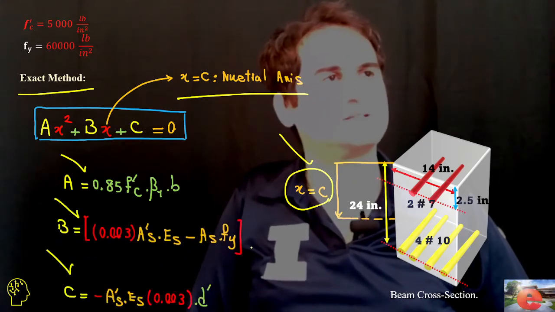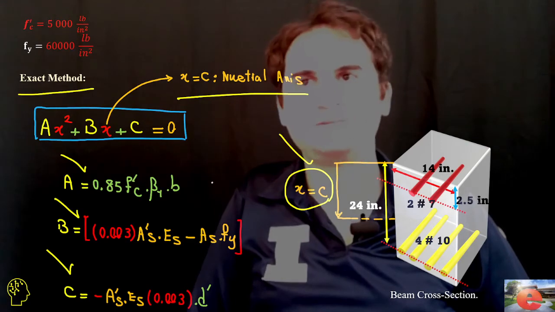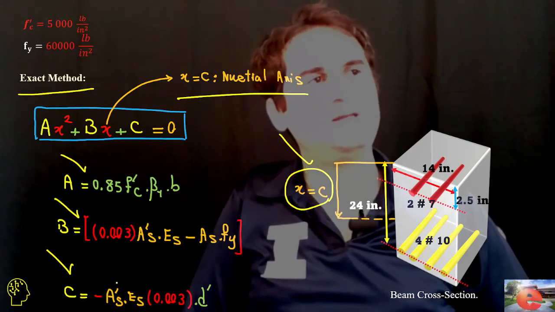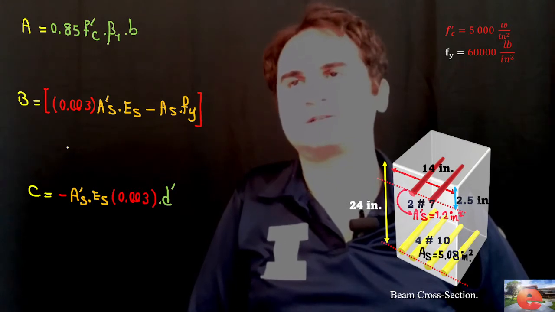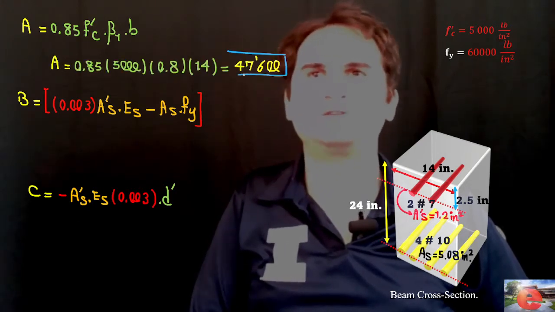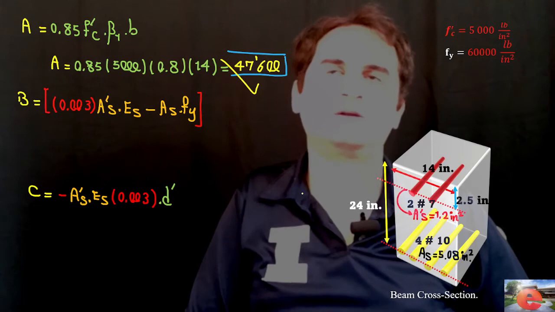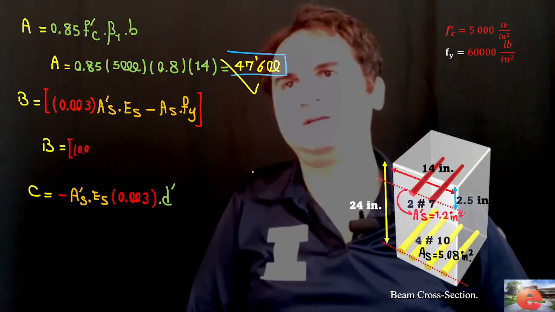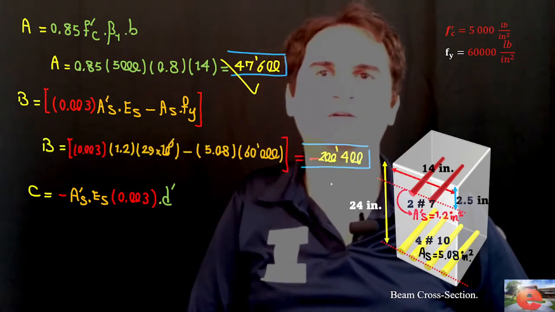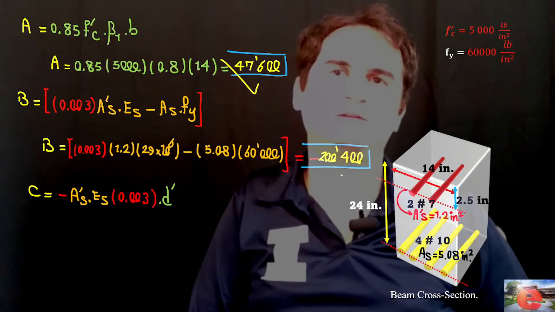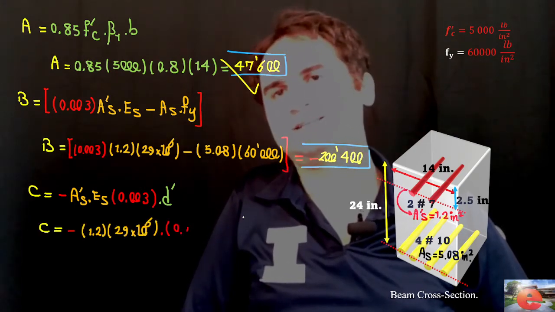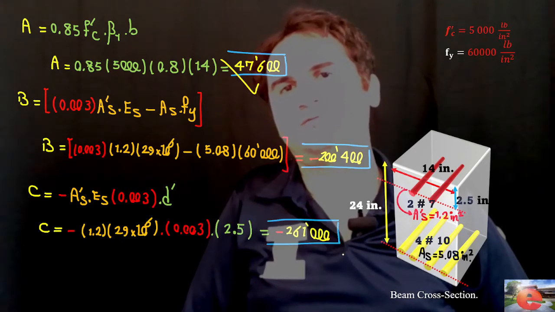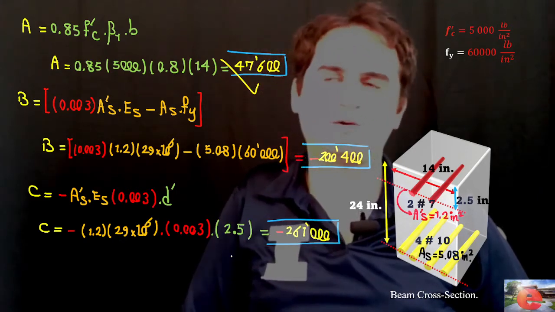If we replace the numeric values of the problem statement in a, b, and c, a is equal to this numeric value, b is 200,000 and c is negative 261,000.